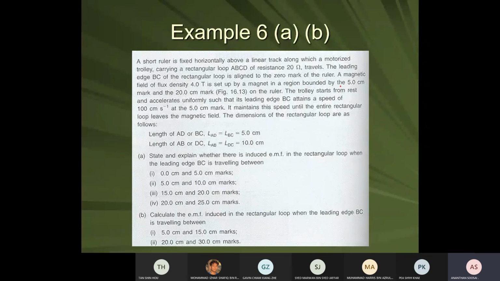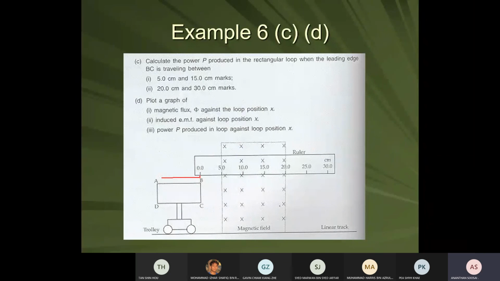So here the region is bounded by the 5 centimeter mark. So AB is 10 centimeter. BC is 5 centimeter. Okay, it means AB is 10 centimeter, and BC is 5 centimeter.